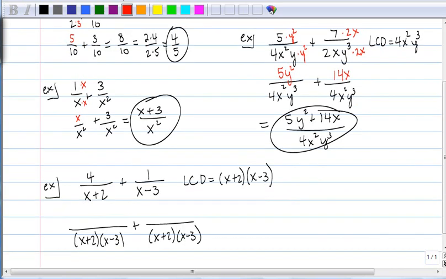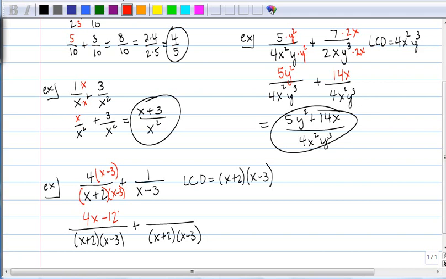On the first fraction, to get each denominator to be the same, we need to multiply top and bottom by x minus 3. Again, because each one of these are just so different. So that would be a 4x minus 12.